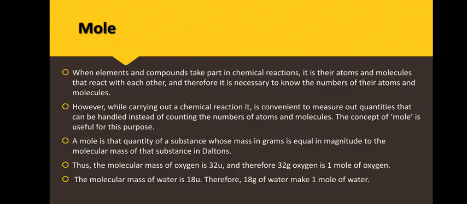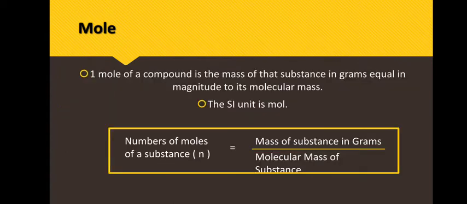Mole is the mass taken in grams. Followed? Now 1 mole of a compound is the mass of that substance in grams, equal in magnitude to its molecular mass. So the SI unit of mole is mole, MOL, without T. Okay. So how do we calculate the number of moles?